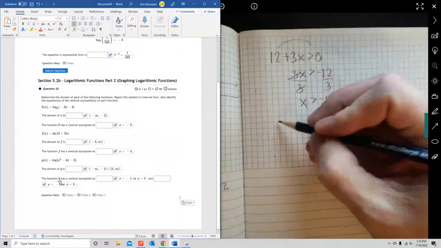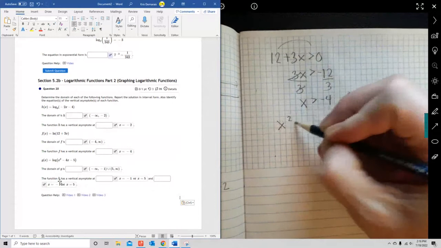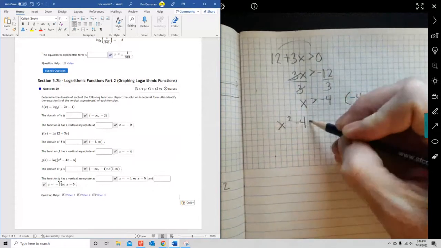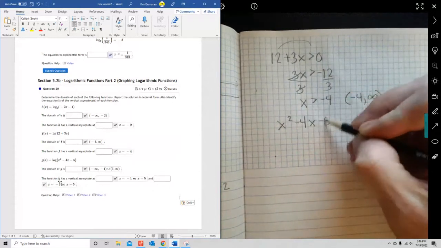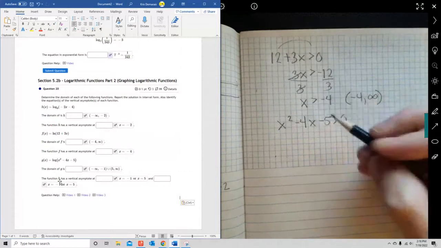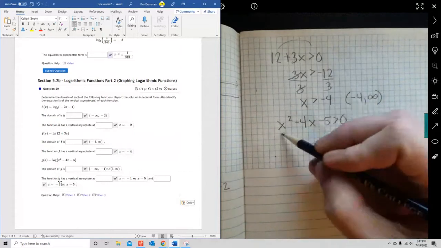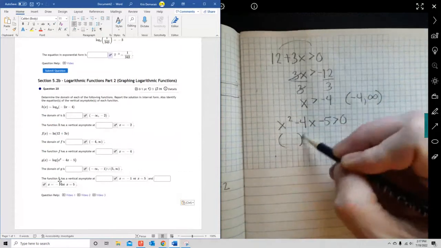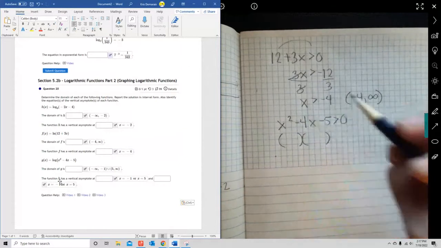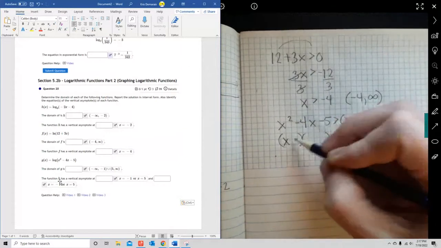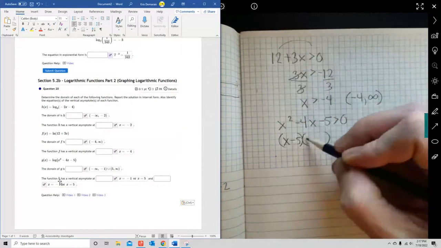Anyway, what we do is the same thing we've been doing with all these. We set that greater than 0. Now we're going to factor this. What two numbers multiply together to create negative 5 and add up to negative 4? Negative 5 and plus 1.